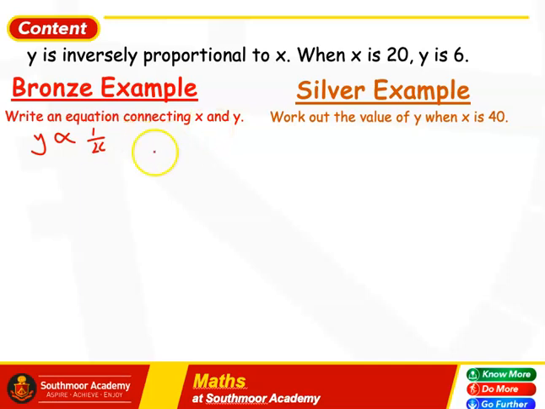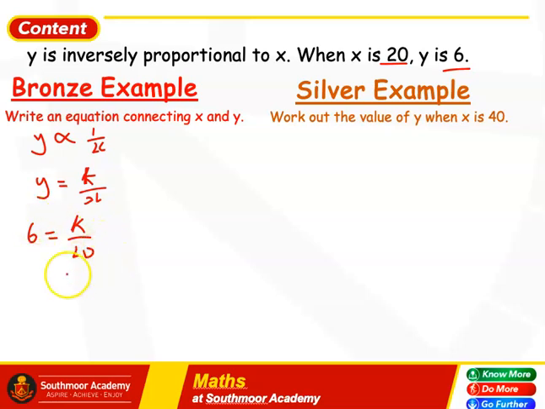So our equation, we have y is equal to k over x. And we need to work out what k is, so we need to work out our constant. So let's substitute in our values. We've got when x is 20 and y is 6. So 6 is equal to k over 20.